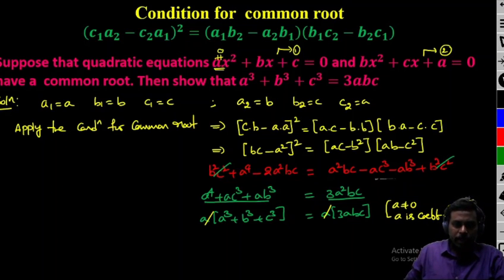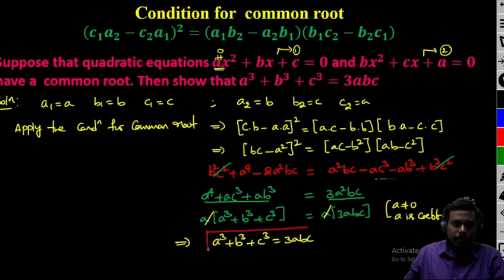So we can cancel A here. So this implies A cube plus B cube plus C cube is equal to 3ABC, which is the required condition. Hence the proof of it.